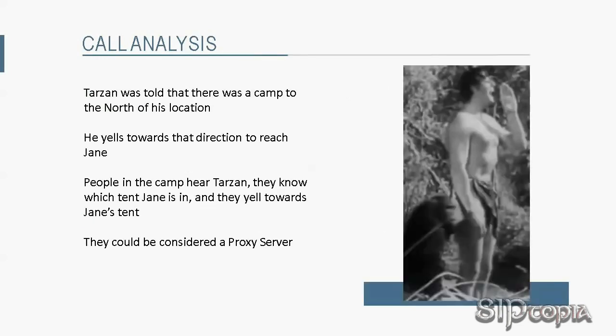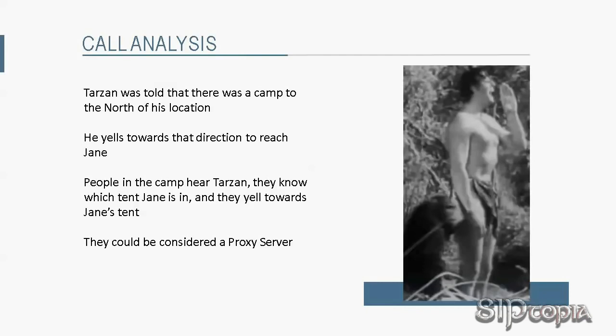Going back to the jungle, let's say Tarzan was told that there was a camp to the north of his location and he should yell towards that direction to reach Jane. If the people in the camp hear Tarzan, they know which tent Jane is in, and they yell towards Jane's tent, they could be considered a proxy server.